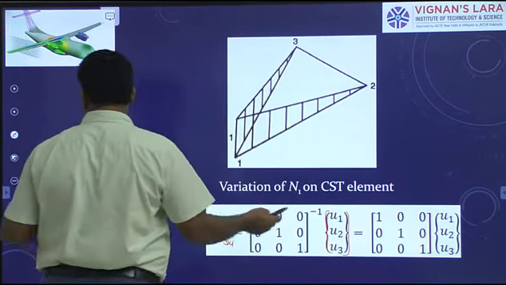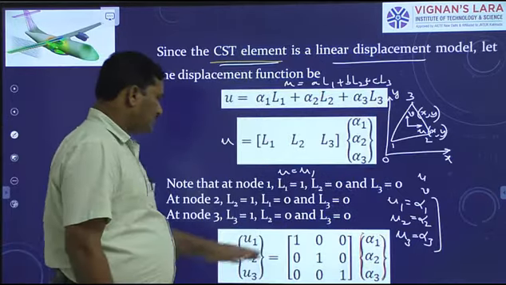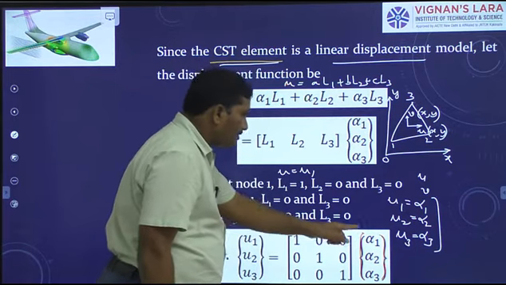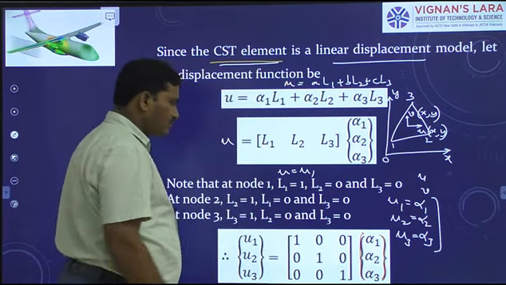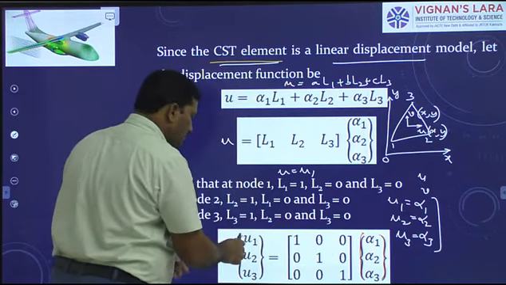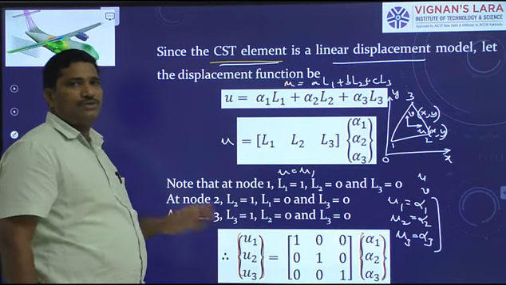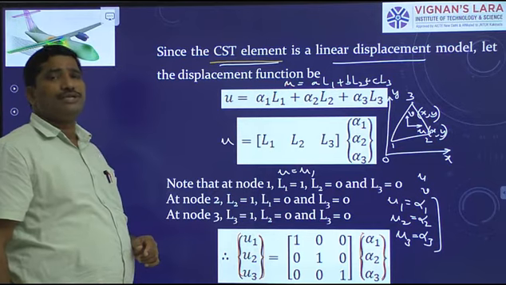How do you get this? You get it from the previous one. What are u1, u2 and u3?